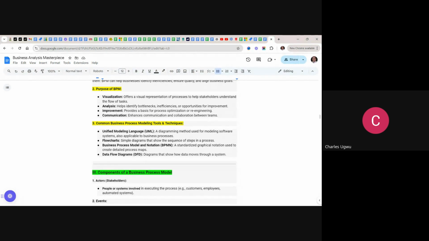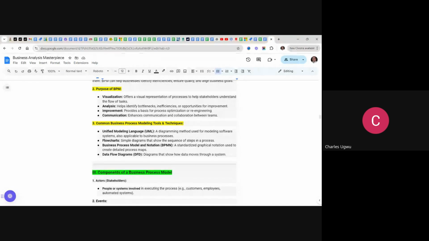It's a diagramming method used for modeling software systems, and also applications for business processes. There are so many processes in business, and it's good that once we document all the processes within the business, we model them for clarity.